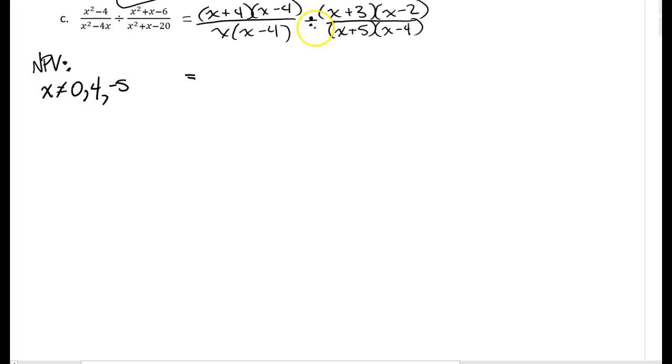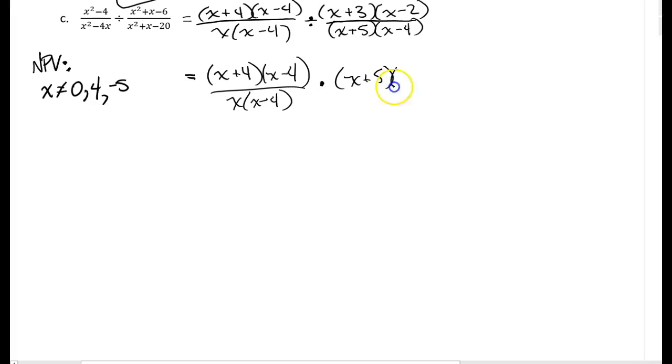But when I need to do division, what I do is I take the reciprocal of my second expression. So I've got x plus 4, x minus 4, multiplied by x plus 5, x minus 4, all over x plus 3, x minus 2.